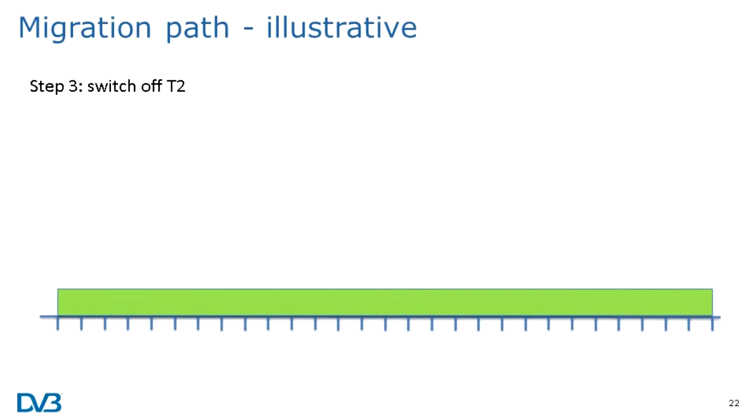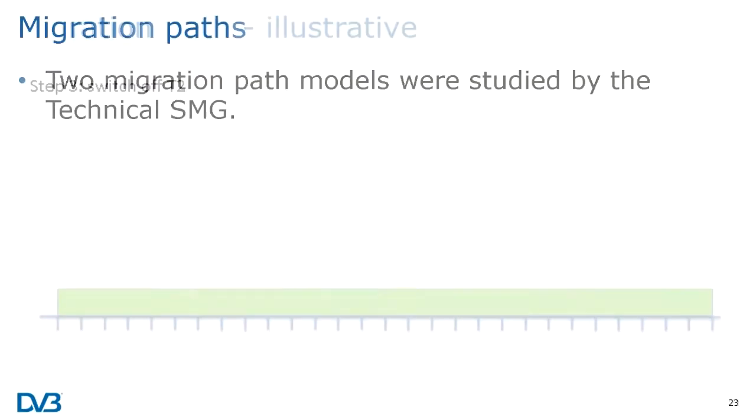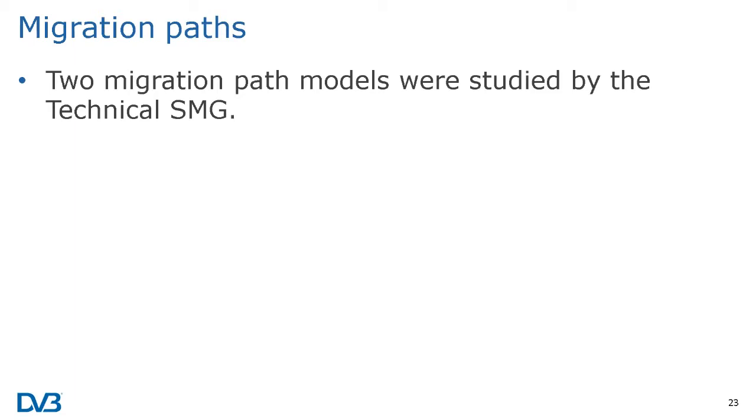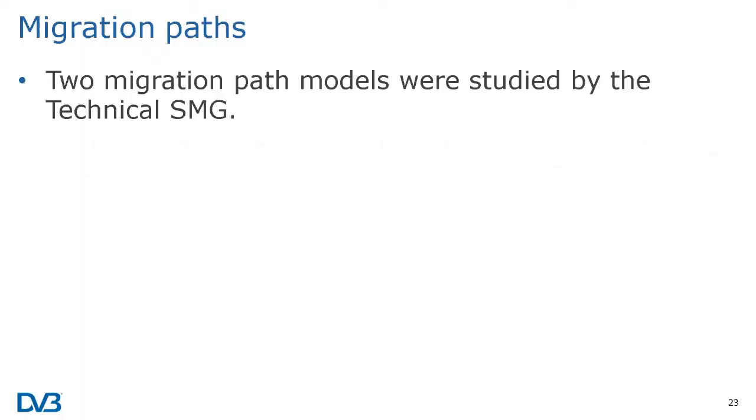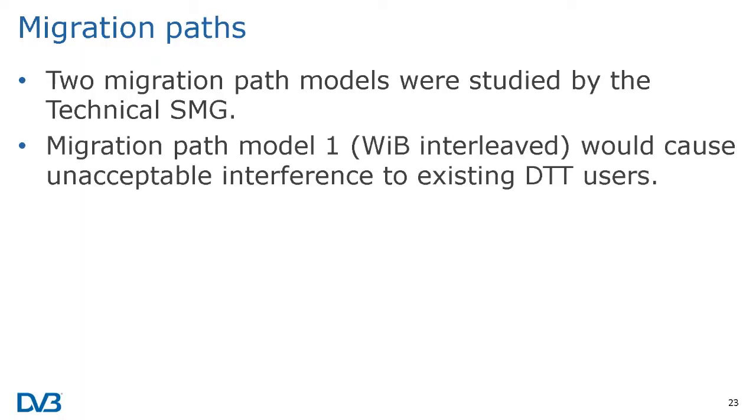Now, when you start digging into this, there's a myriad of problems and it all gets terribly complicated. The technical study mission group had a good look at two particular models for migration paths. The first one was where WiB was interleaved, as we'd shown in a diagram a little way back, with the existing signals.